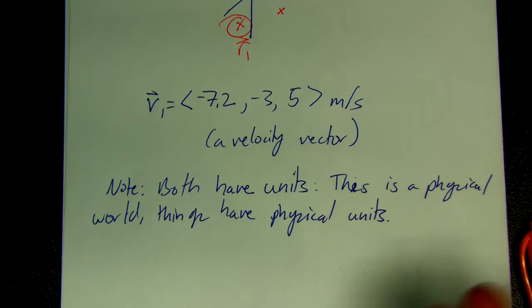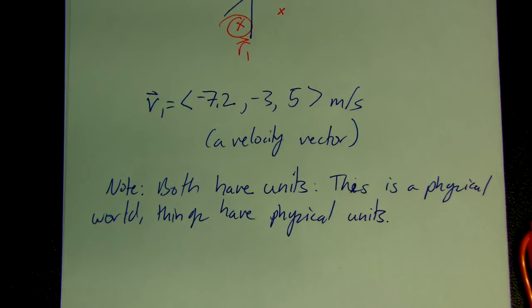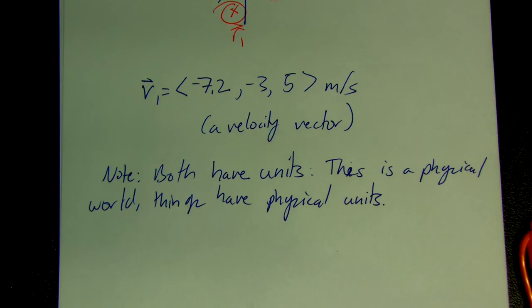If I was to say the velocity is going 1, 10, 72, that doesn't make any sense. Meters per second, miles per hour, fortnights per furlong. We need to know these things. So always ask for units when you're given a quantity. Every once in a while, we'll see a few things that are unitless, but by and large, most things have units.